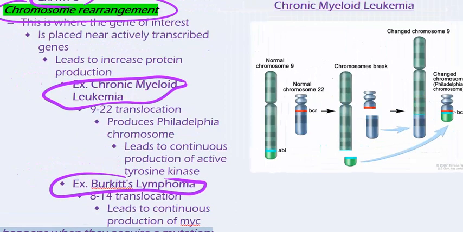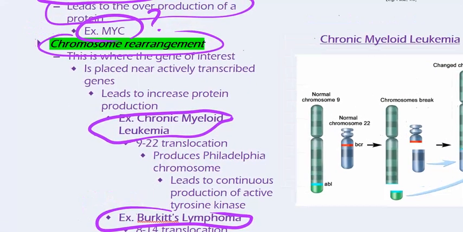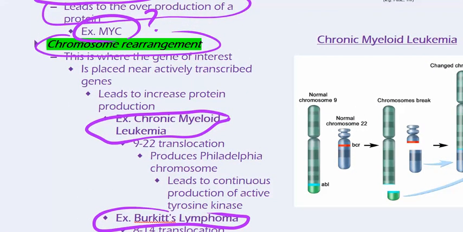When we're talking about this chromosomal rearrangement, there is a gene that is not readily transcribed, so we have a certain amount of the protein product. But with the chromosomal rearrangement, we take that genetic information and put it next to a gene that is actively being transcribed.